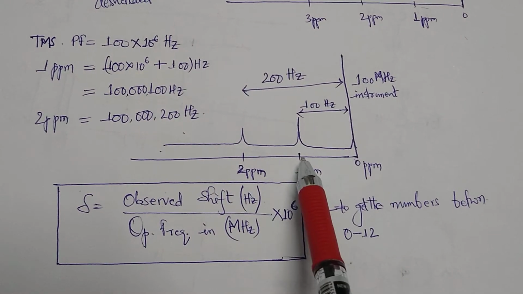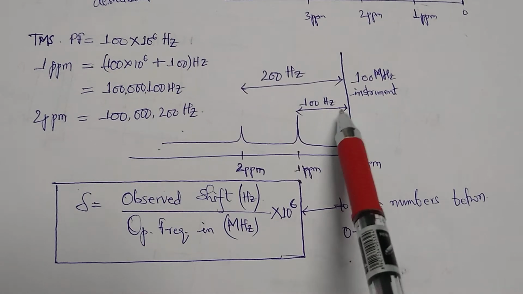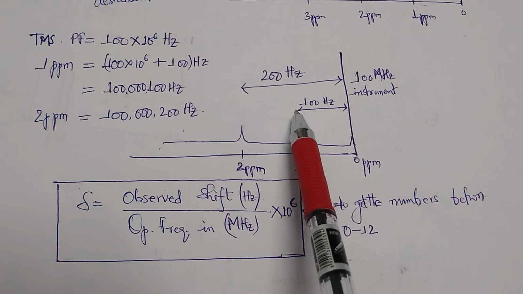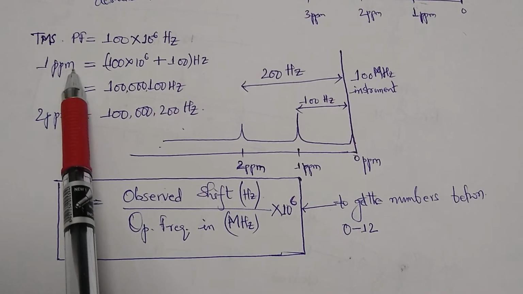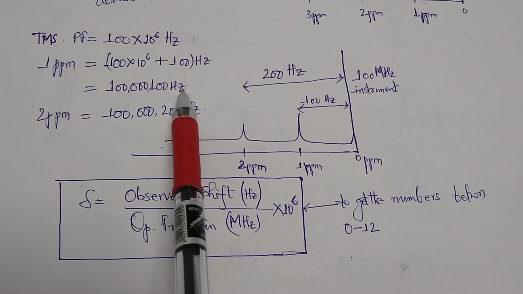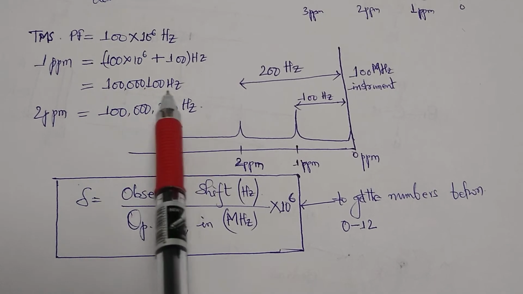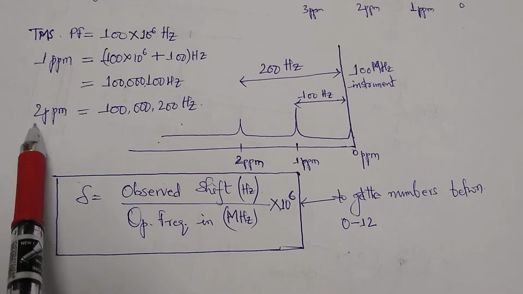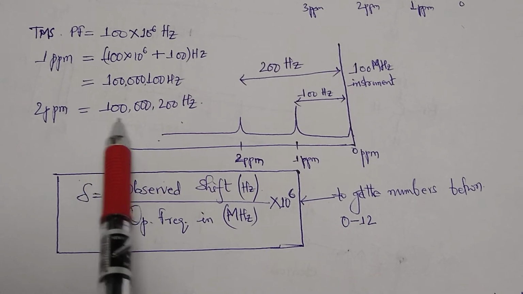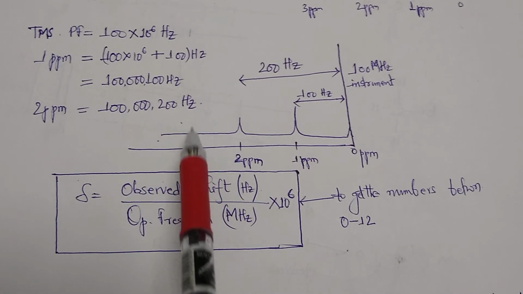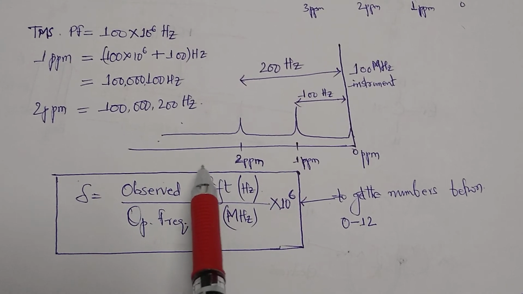So above that we are getting an extra 100 Hz, which will be considered as 1 ppm. It can be written as 1 ppm equals 100 Hz extra to that of 100 MHz. Similarly, 2 ppm will be 200 Hz extra added to that of 100 MHz. So likewise the NMR scale is made.